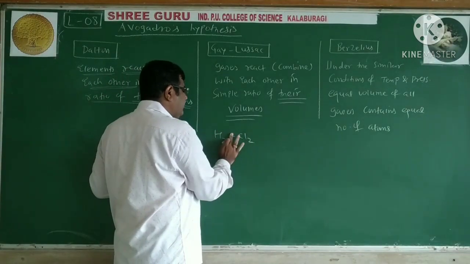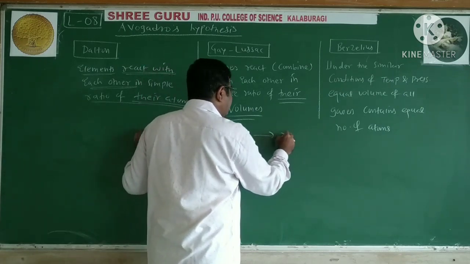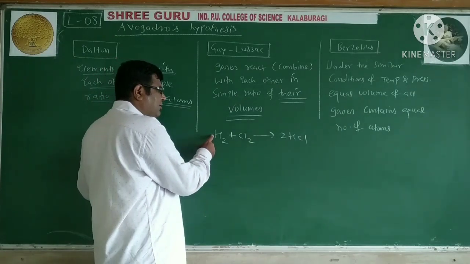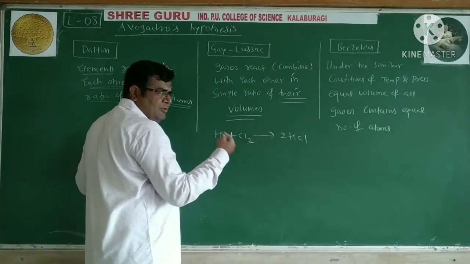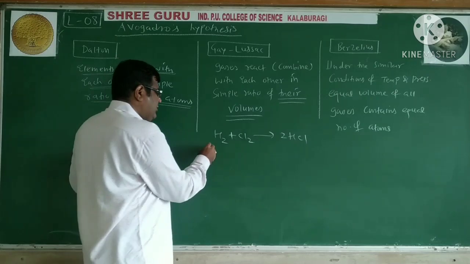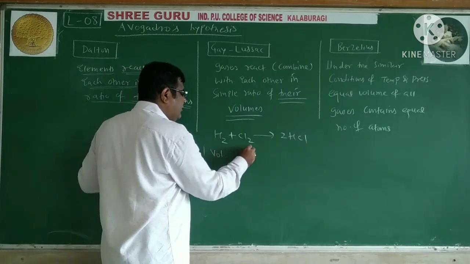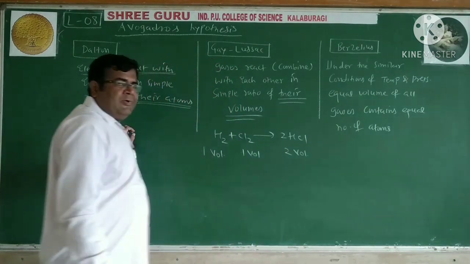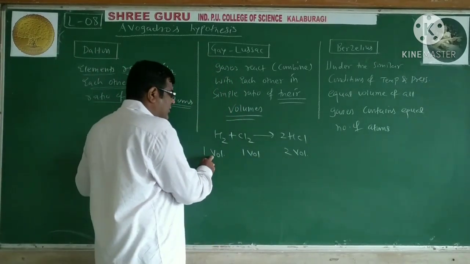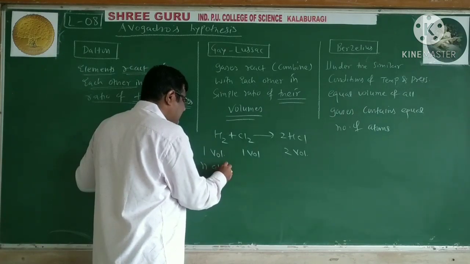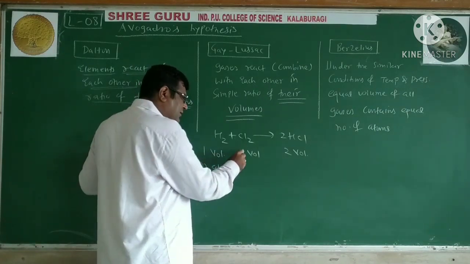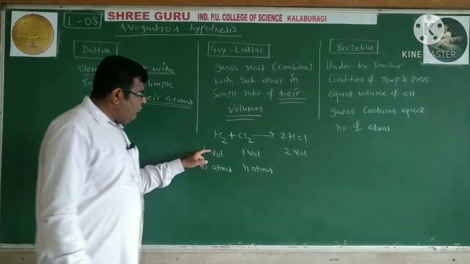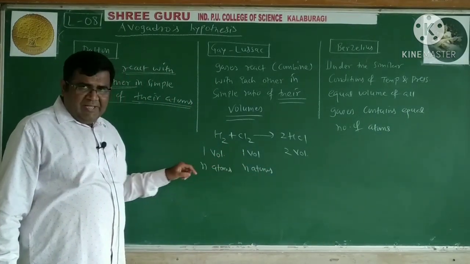Then they thought about this simple reaction. H2 plus Cl2 gives 2 HCl, and they said this is 1, 1 and 2, the ratio of their volume. So it is 1 volume, this is 1 volume, and this is 2 volume. As volume is 1, it contains n atoms. This is also 1 volume, so it also contains n atoms, because equal volume contains equal number of atoms.